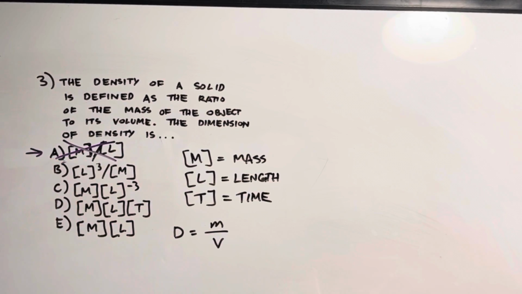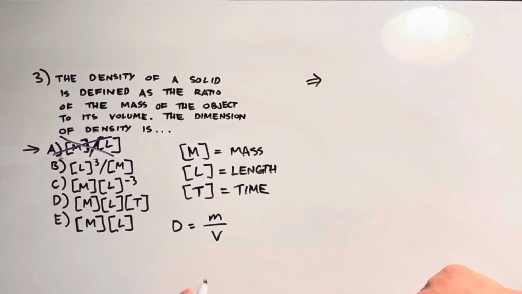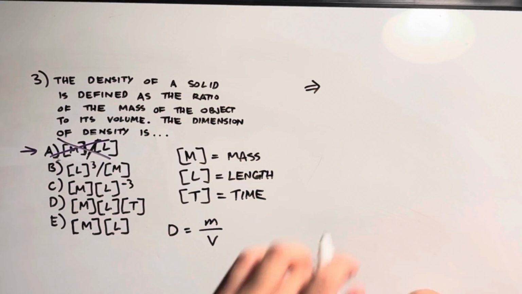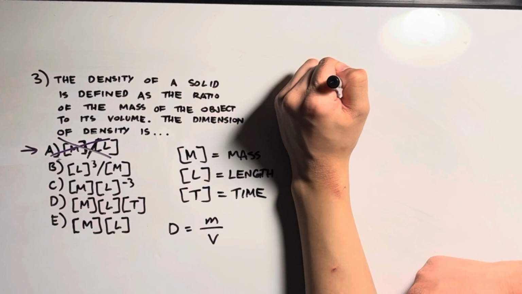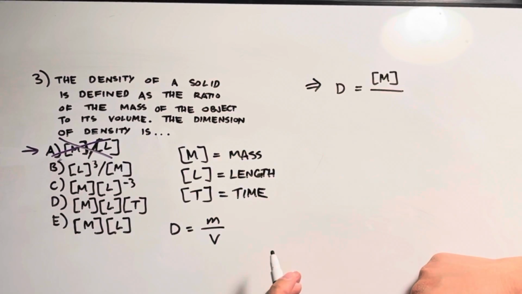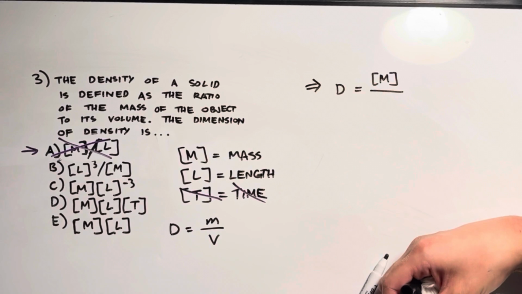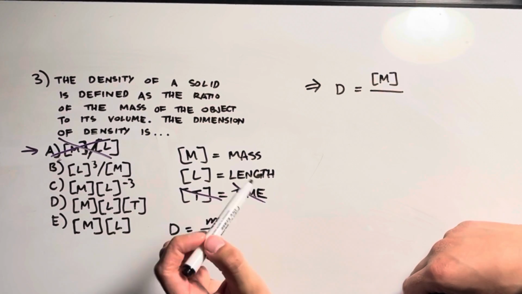So how do we find the right answer? Well, since we know that D is equal to M over V, we have our mass over volume. But in density, we don't need time. Let's forget about that. We have our mass, which we started with. That's perfect. So all we have left is length.